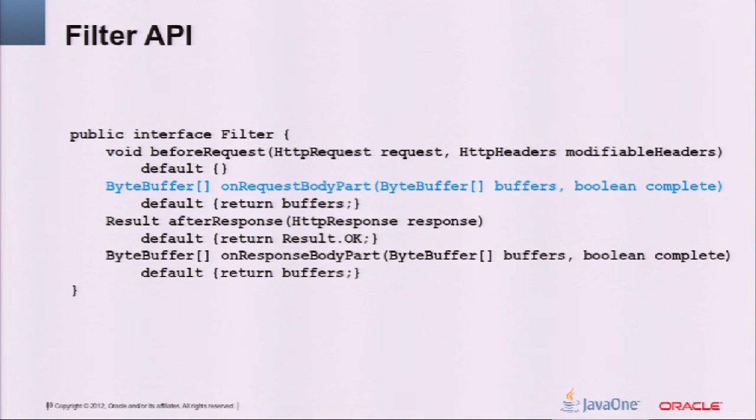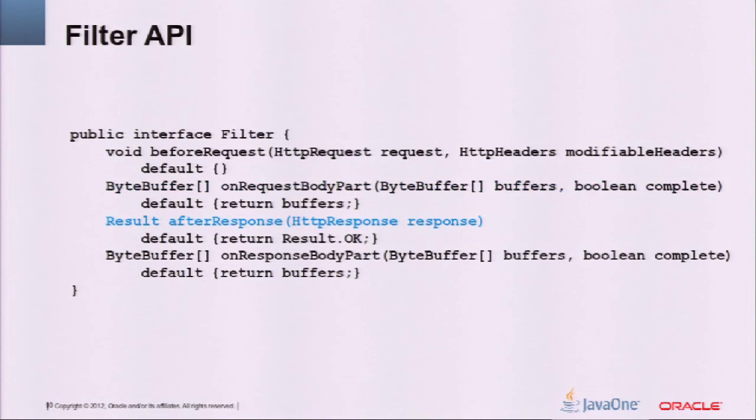So the implementation can look at the data in the buffers, possibly modify them, possibly replace them completely, or buffer them, store them internally until a later call. But it must return an array of byte buffers also, and what's returned from one filter is passed as the input to the onRequestBodyPart method for the next filter in the chain.